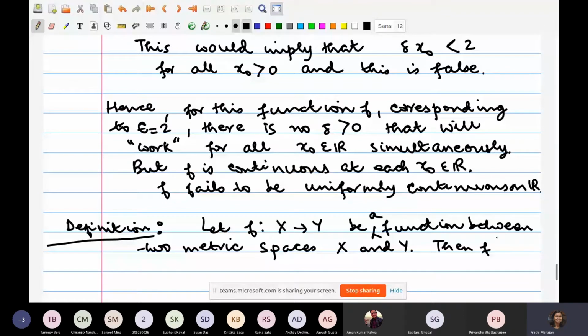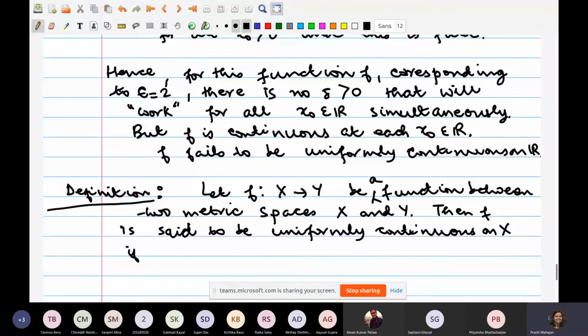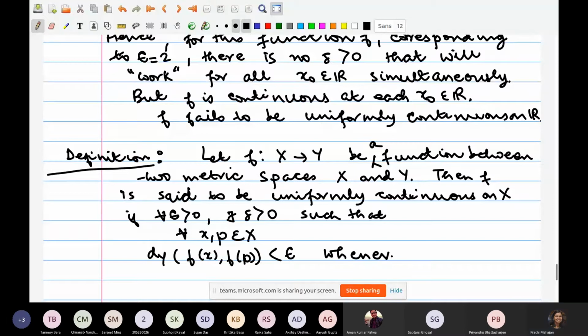Then f is said to be uniformly continuous on x if for every epsilon positive there is a delta positive such that for all points x and p in x, the distance between f of x and f of p is less than epsilon whenever x and p are within delta distance of each other.